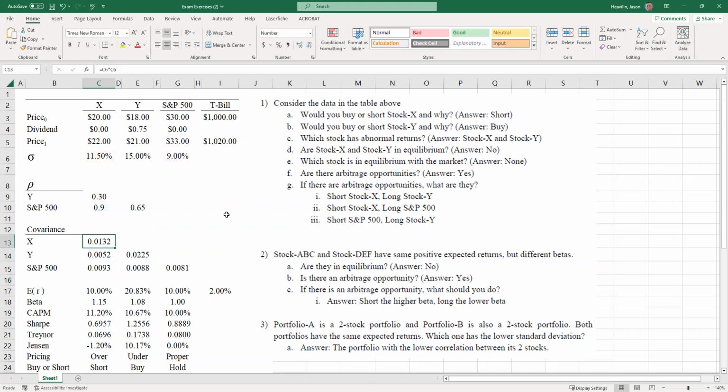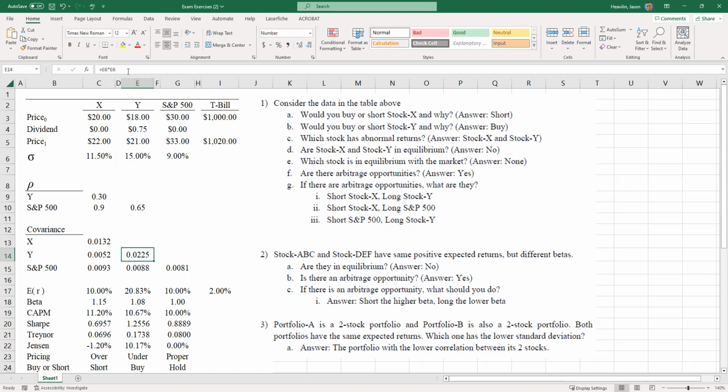Now let's talk about the covariance with the same asset. So let's use Y, for example. I like to use Y for this example. You're going to notice that here, we only pretty much squared the standard deviation. We're doing the same thing we did before. For example, when I was doing this one, we did correlation times standard deviation times standard deviation.